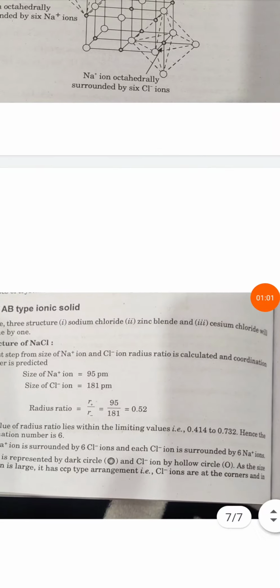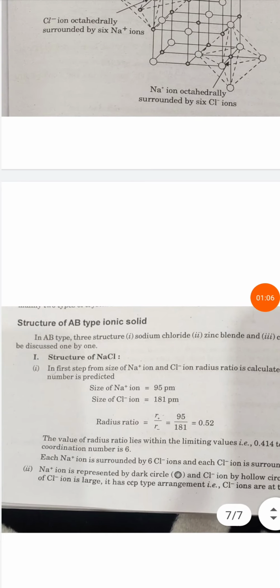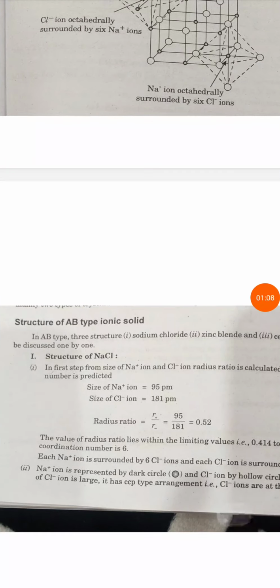The value of radius ratio lies within the limiting value, that is 0.414 to 0.732. Hence, we can say that the coordination number is 6, as each sodium ion is surrounded by 6 chloride ions and each chloride ion is surrounded by 6 sodium ions.